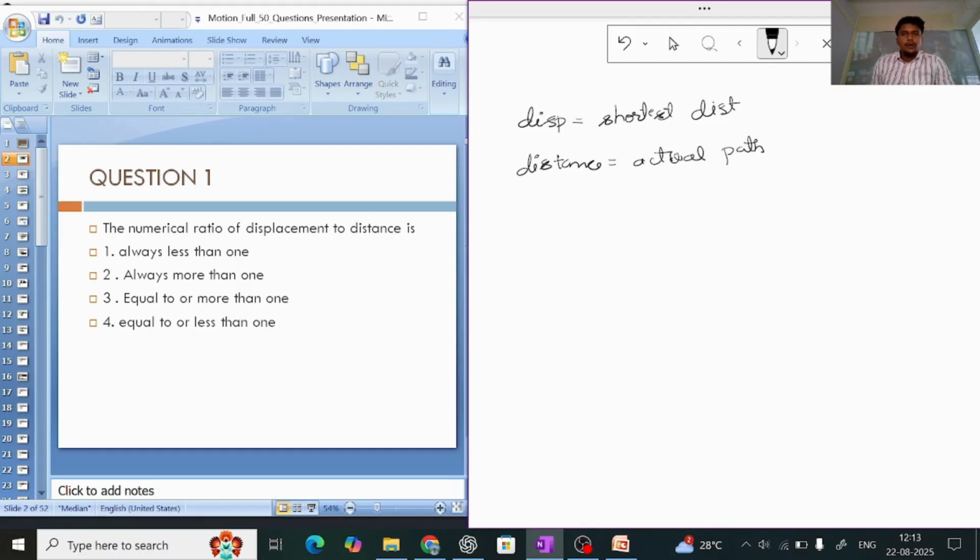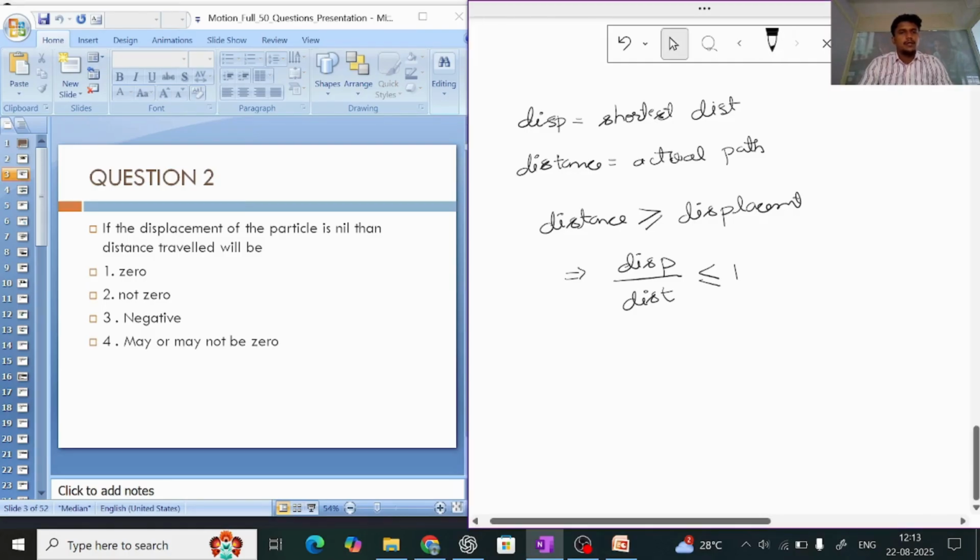So we also know the condition that distance is always greater than or equal to displacement, which implies displacement divided by distance is always less than or equal to 1. So the correct option is option 4.